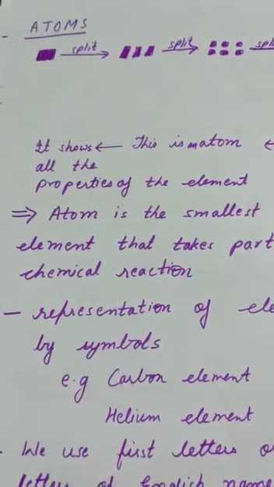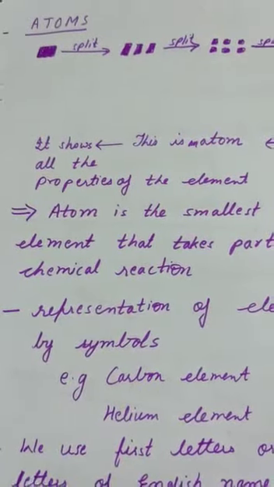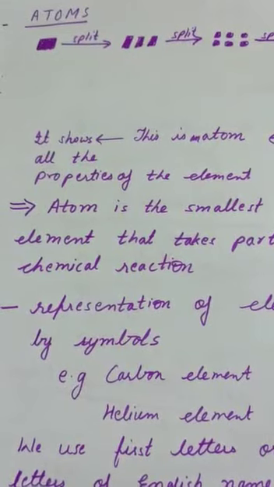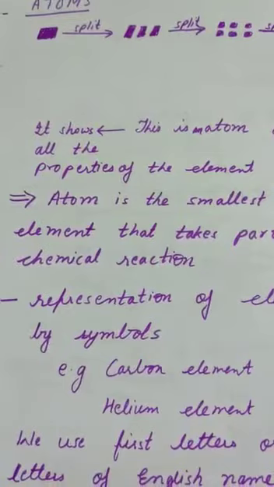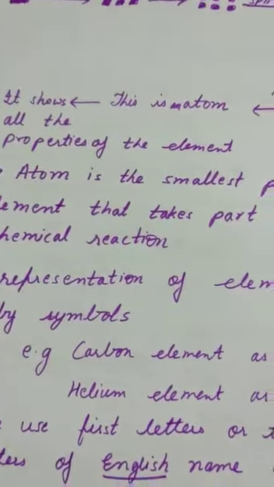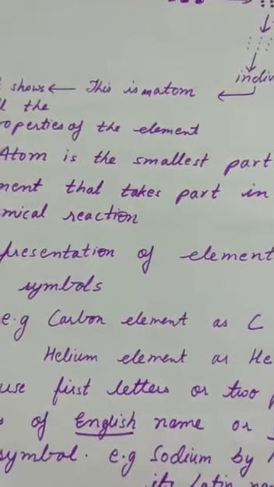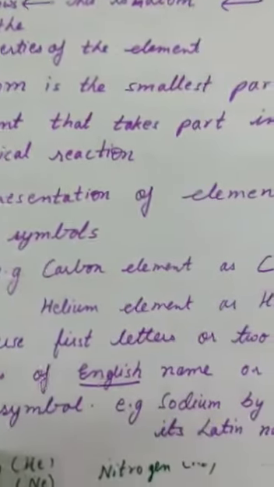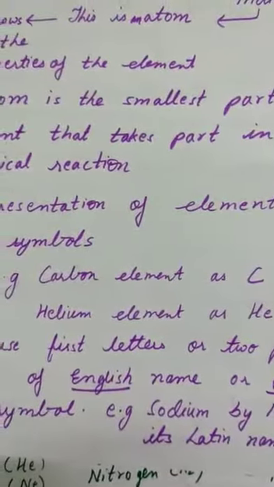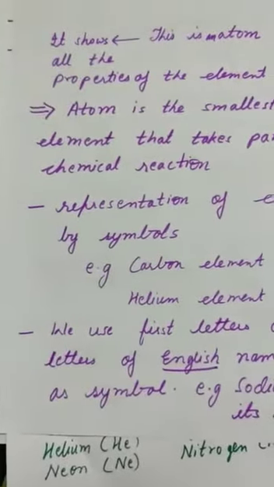So students, we can say that elements are represented by symbols, and elements contain what? A large number of atoms in it. For example, carbon element is represented by symbol C, whereas helium atom is represented by symbol He.